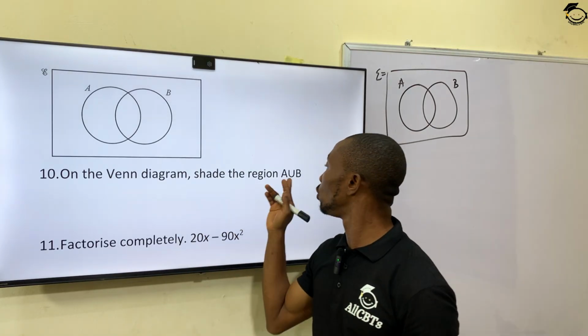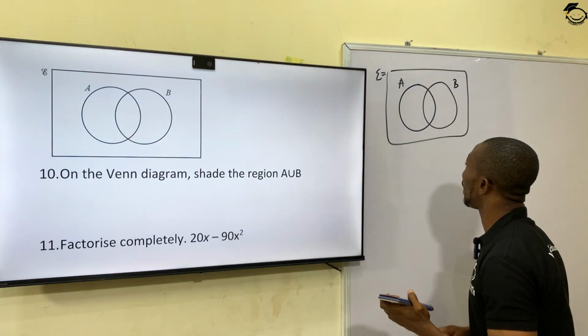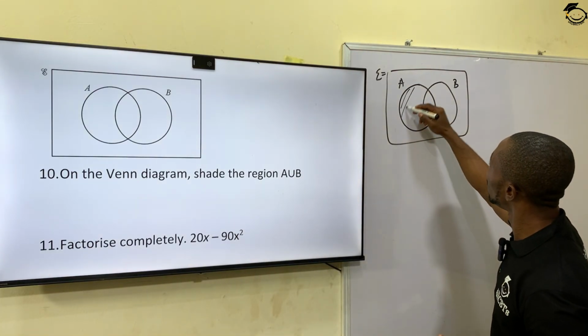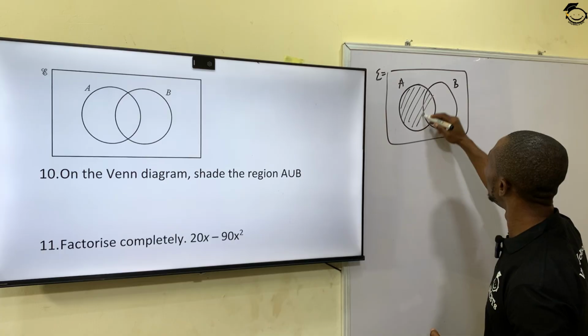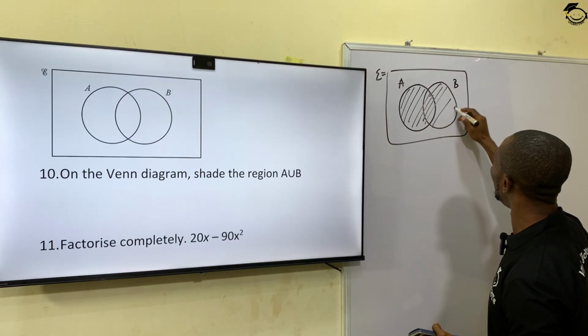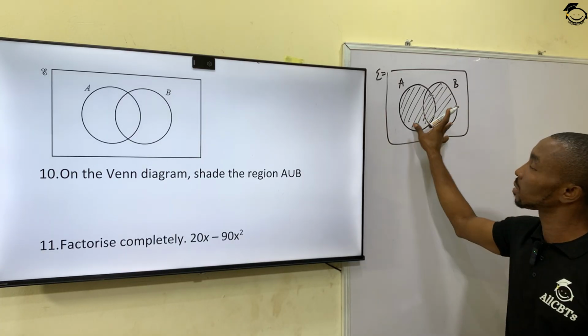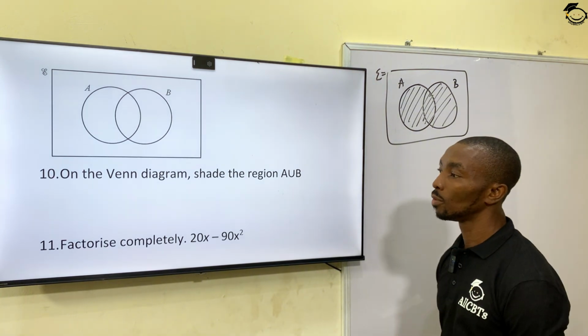So for A union B would be this. So this forms our A union B.